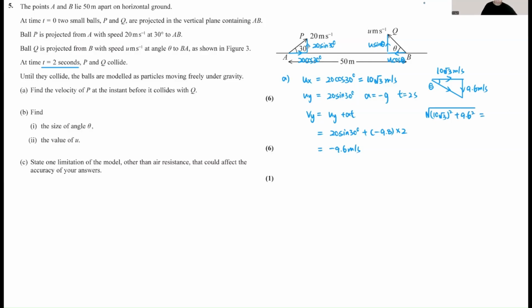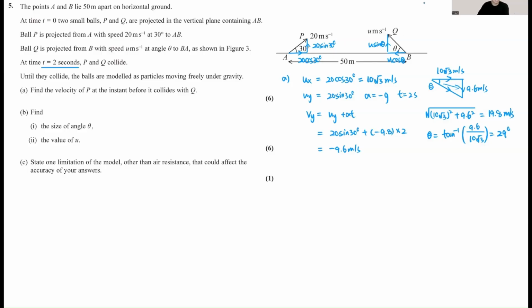So that should give us 19.8 meter per second. And then the angle theta: 9.6 is the opposite and 10 root 3 is the adjacent, so it should be tan. So tan inverse of opposite over adjacent, 9.6 over 10 root 3. That's 28.997. So we can round it to 29 degrees.